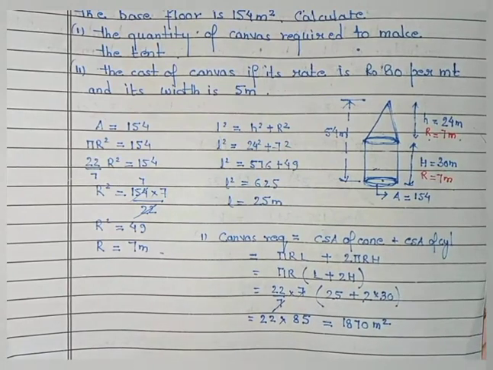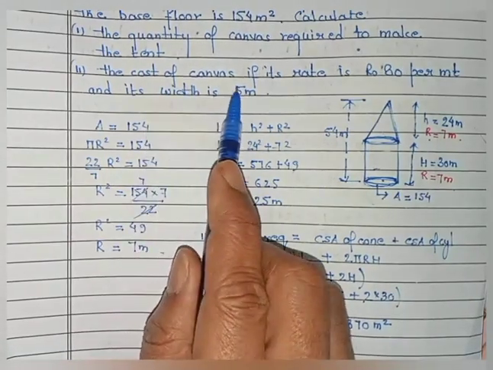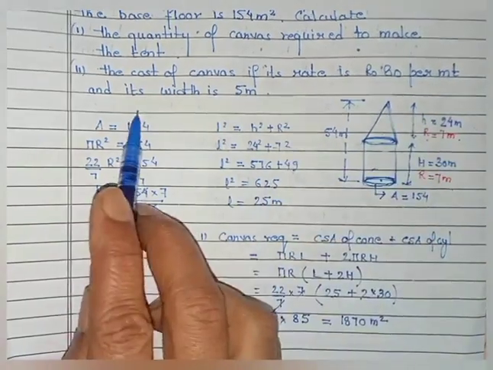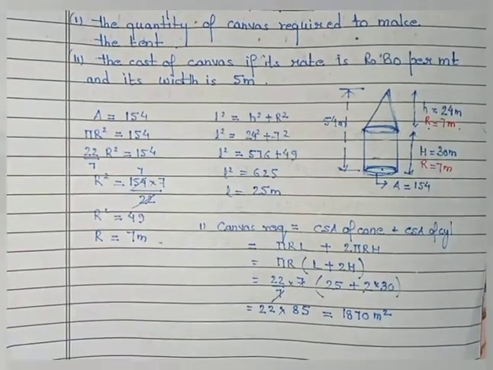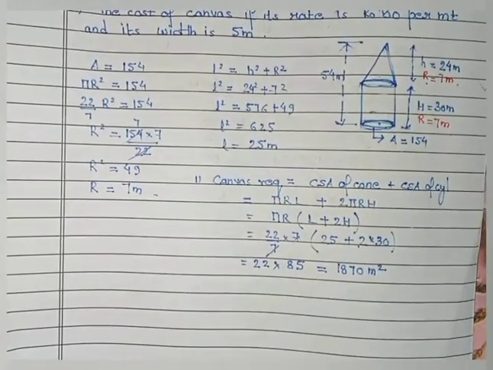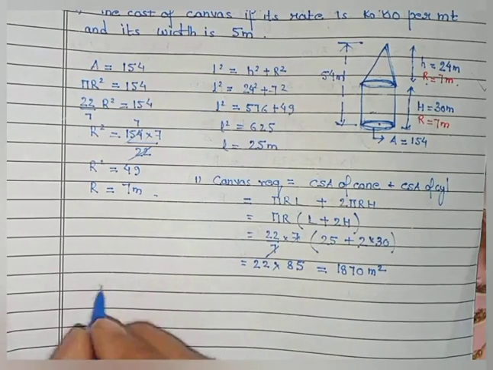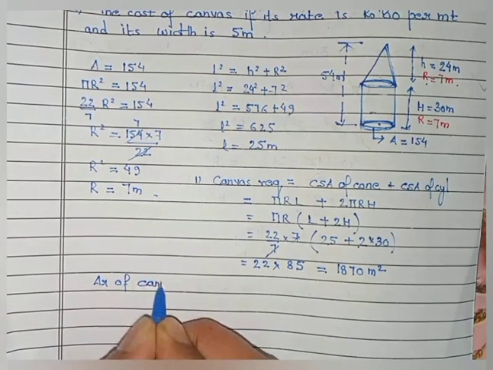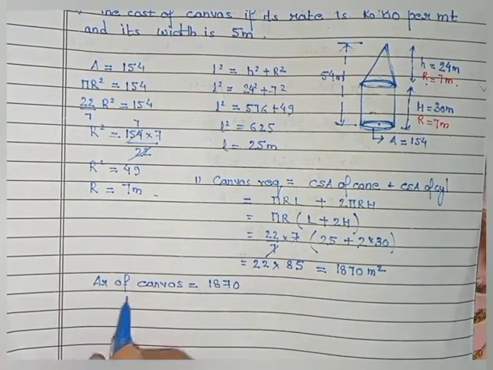Now the question says you also have to calculate the cost of canvas if its rate is rupees 80 per meter and the width of the canvas is given as 5 meter. When we purchase the canvas, we will get it in the shape of a rectangle. So the area of canvas is known to you now, 1870.